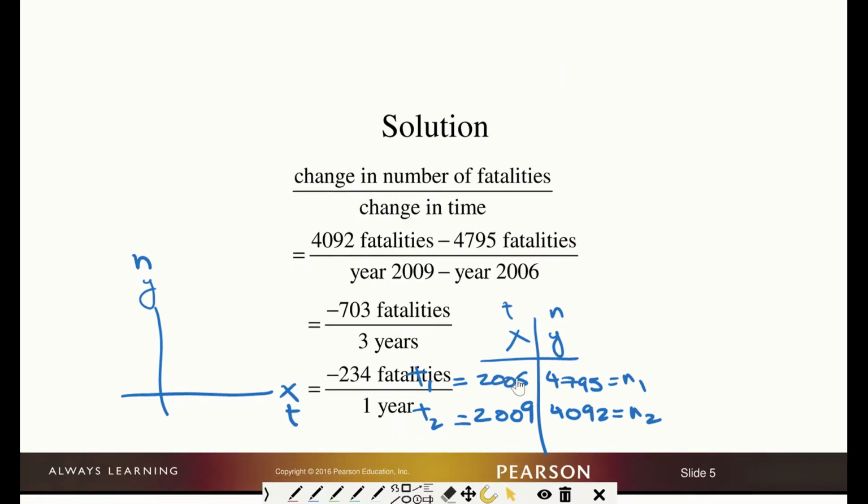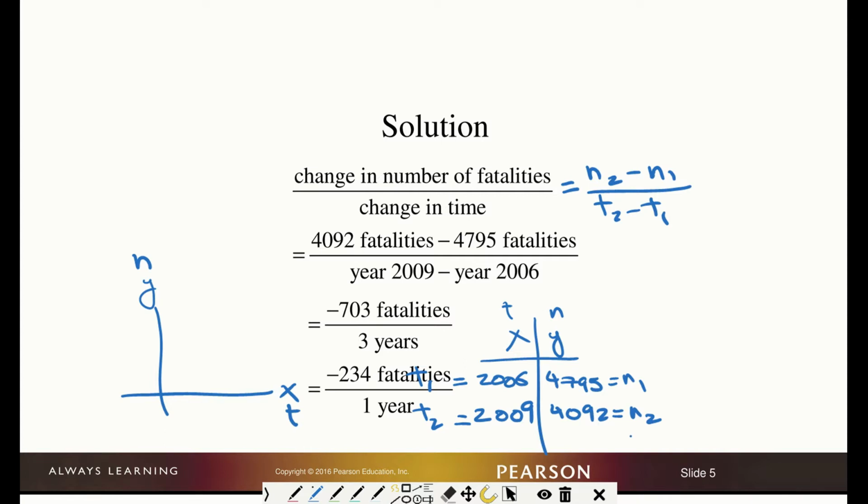All right, so notice, if you remember the formula we discussed for rate of change, this is going to be n2 minus n1 over t2 minus t1, right?